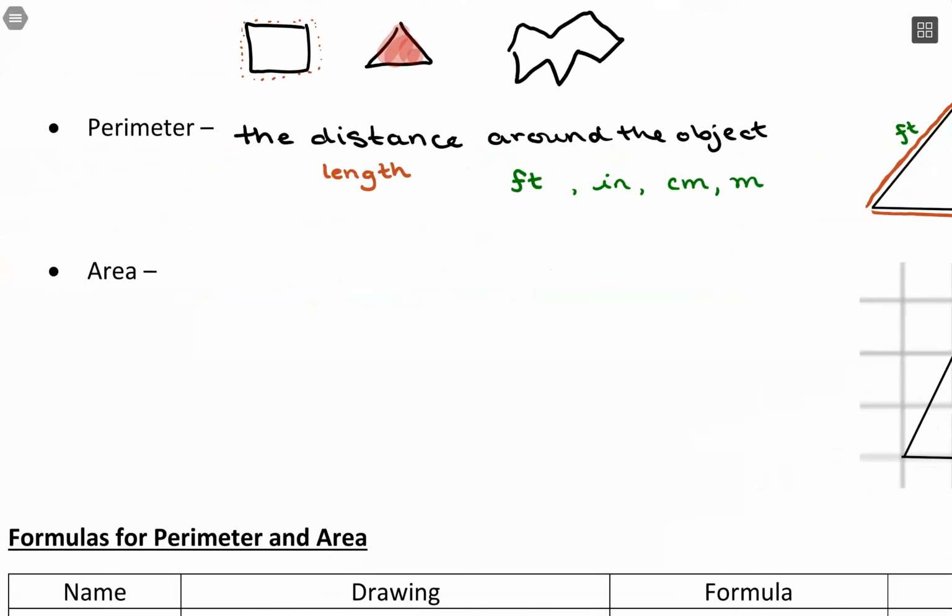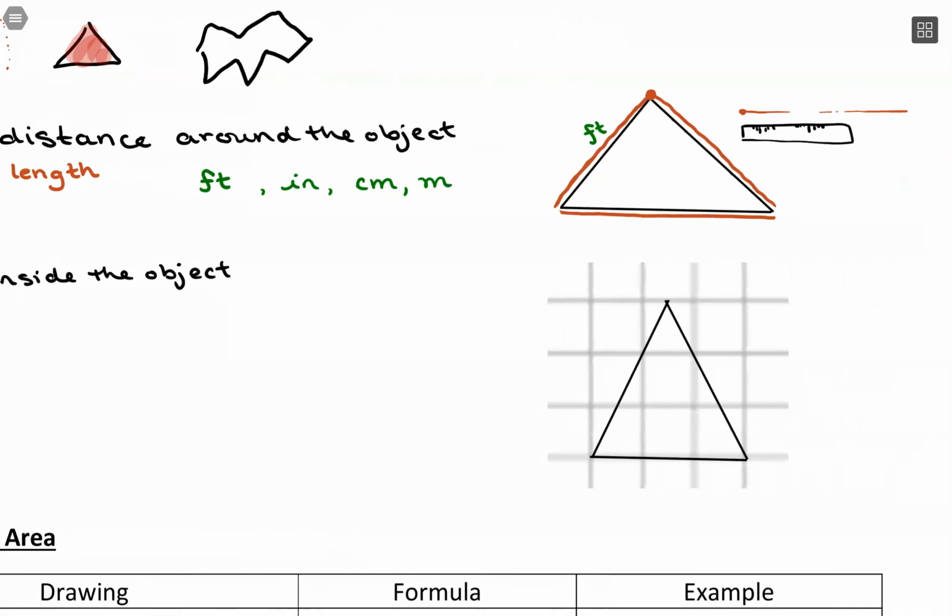Then another piece we could think about is area. This is the measure of the region inside the object. What you could think of is a grid of some sort, like I drew over here, and putting your shape on top of that grid. I have a triangle again here, but the idea is that I want to look inside here and see, in this case with these squares in the grid, how many squares are used to make up this region in the middle.